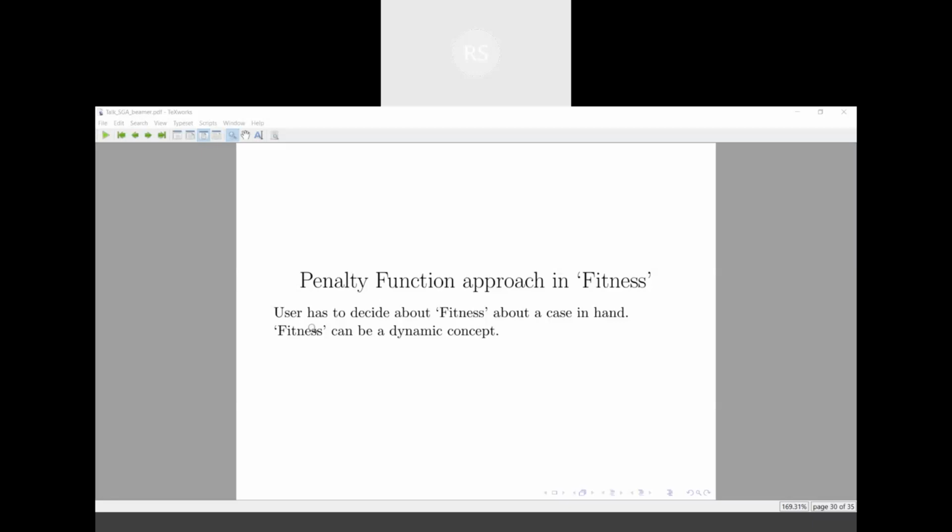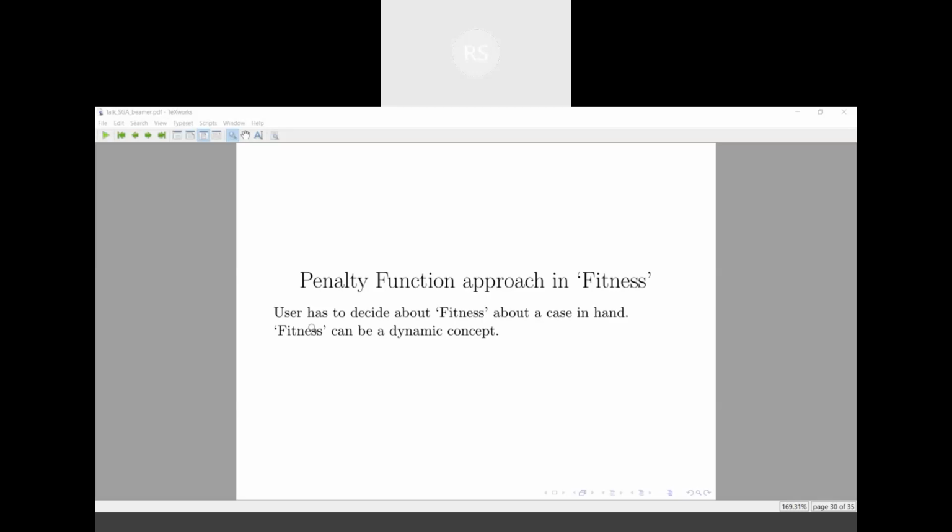Now please note this word. It is left to your judgment how much penalty you should impose to the fitness, because fitness depends on many parameters. You have evaluated them on parameters and given them some marks. Now there are some other parameters which are restrictive in nature, in the sense that it should not exceed this, or if it is a structure, it should not have this much displacement.